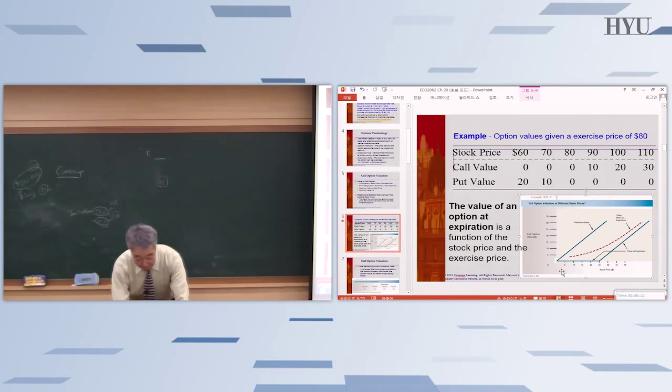So if the current stock price is below $25, then the value is 0. And starting from the strike price, as the stock price goes up, the call value increases. What should be the angle of this line, the slope?